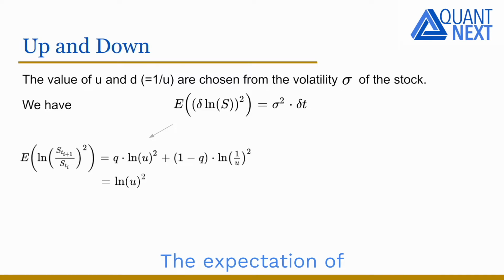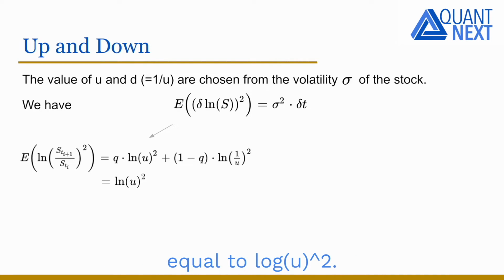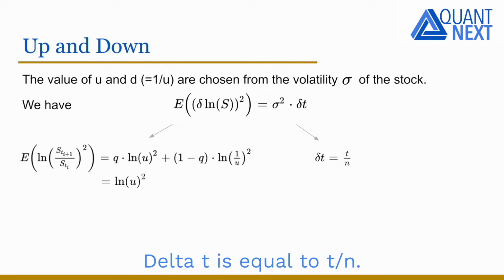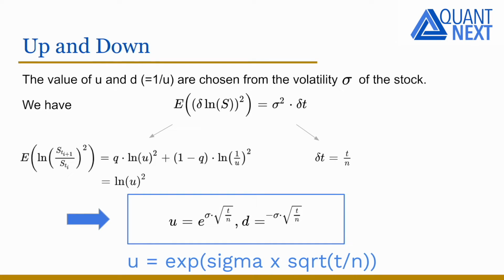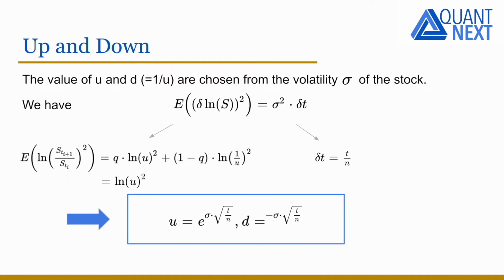The expectation of the square of the log return is equal to the square of the log of U. Delta t is equal to T divided by n, so we deduce that U is equal to exponential of sigma times the square root of T divided by n, and D is equal to the inverse of that.